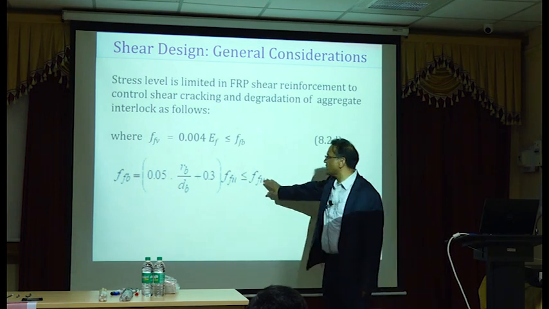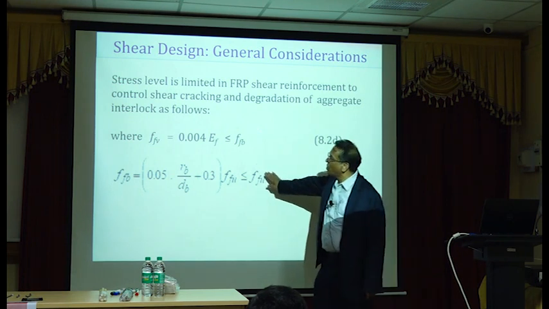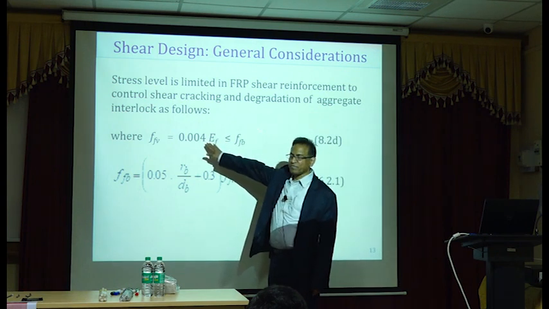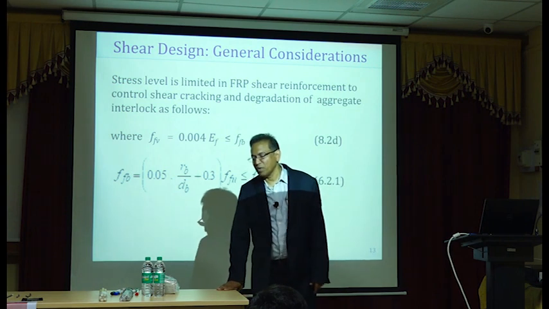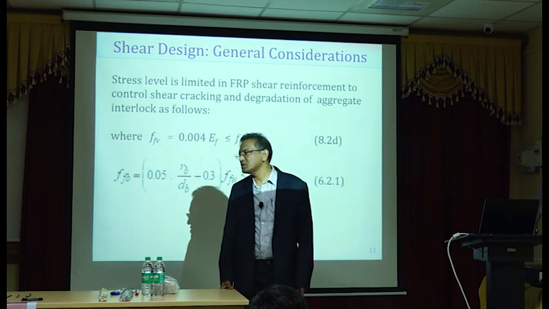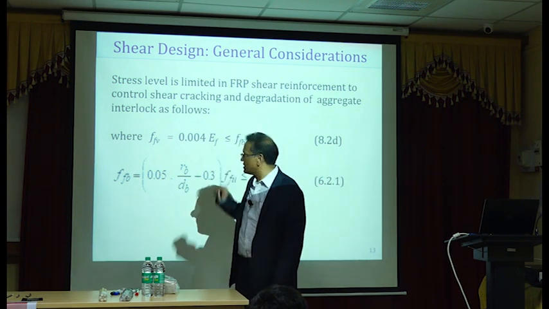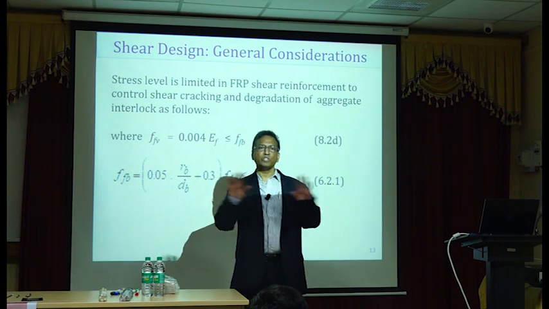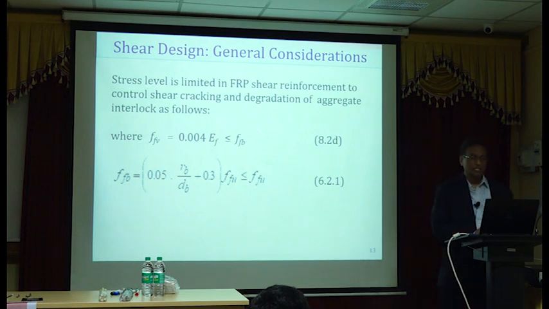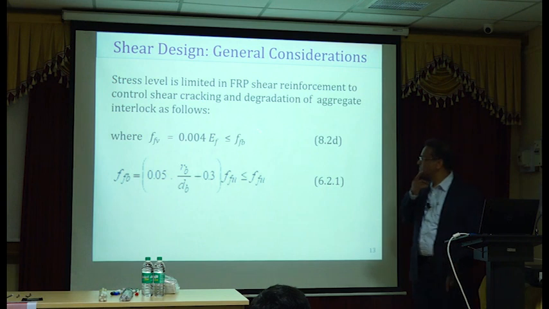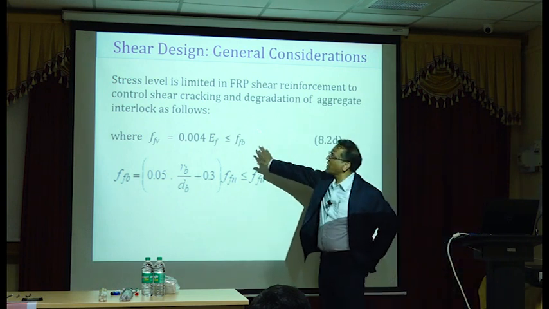This may not govern your design in most cases, but this will always govern your design. So when we have discussions with FRP producers, bar producers, I try to highlight this, but they don't want to accept that, even though it is the main problem. If you can increase the modulus, it's always helpful.